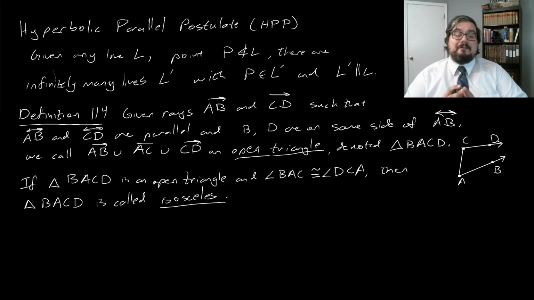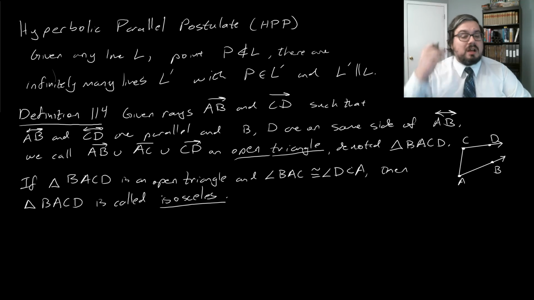Of course, we don't have a notion of side length here, except for the segment AC, but we can talk about the angles inside and define isosceles using congruence of angles.